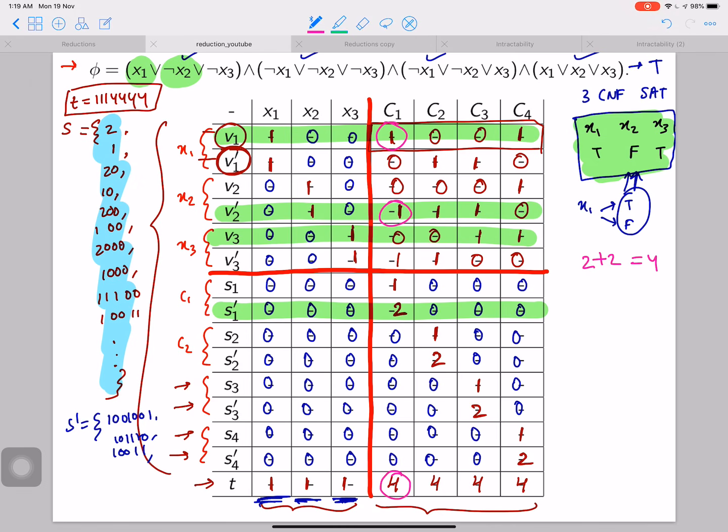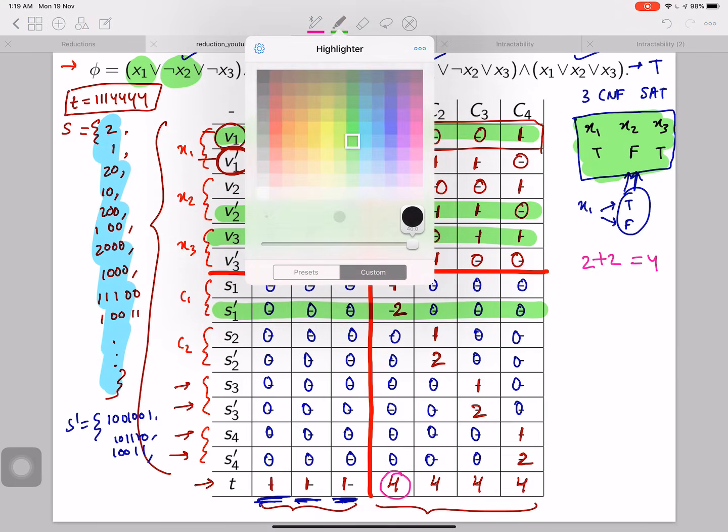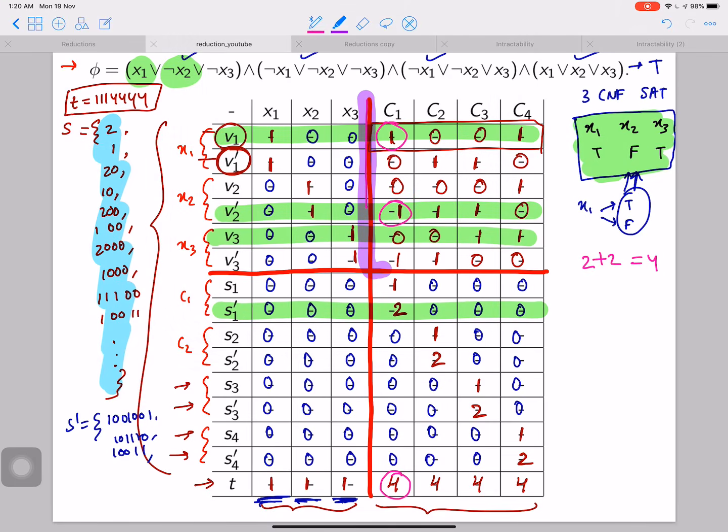Notice that if we didn't have any ones in our C1 column with the assignment, then no matter how many helper variables you would have taken, you could have only reached 3. So if the clause was not satisfied, no matter how many helper variables you take, you can only reach 3, and you can never make it to 4.